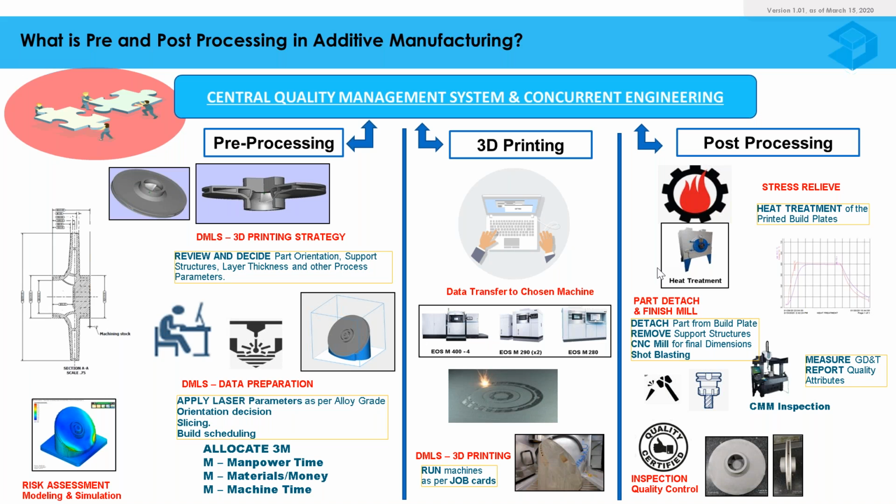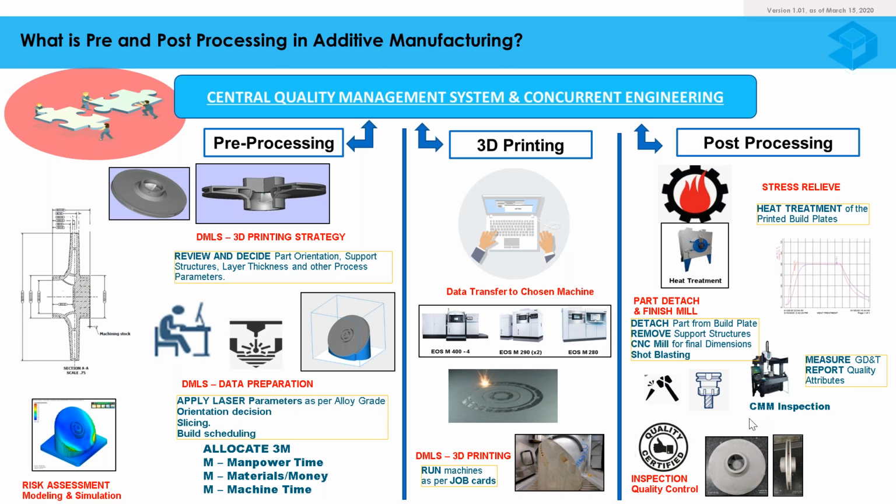So stress relief heat treatment, then we have to detach the support, detach the part from the print plate, and do the finishing via CNC milling if it is essential for certain mating features, and ultimately do the quality inspection via coordinate measuring machines or vernier calipers and gauges. That sort of quality assurance needs to be in place so that at the last minute there are no hiccups in assembly.